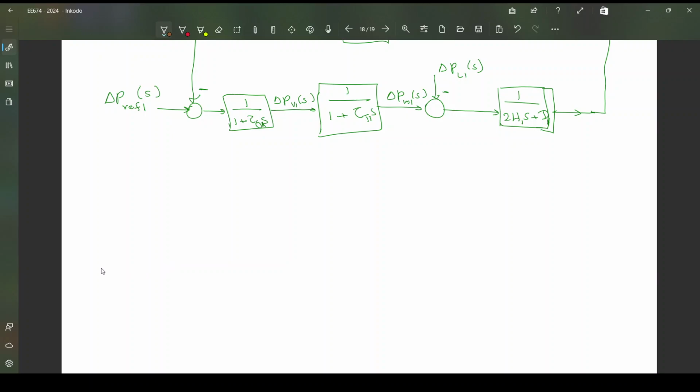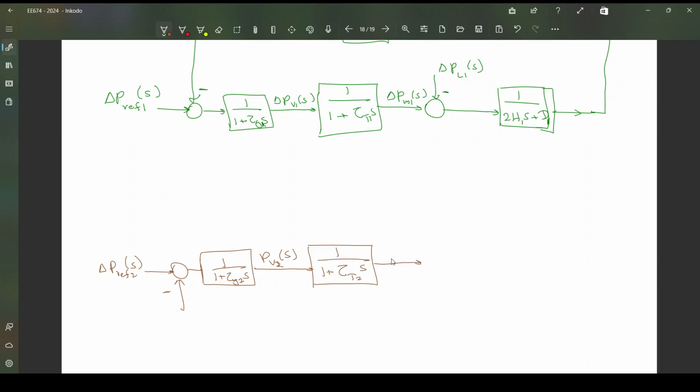So I have delta Pref2s, and here comes the minus 1 over R2 thing, and here 1 over 1 plus tau G2s, so this will be PV2s, and here you have 1 over 1 plus tau T2s, which gives delta PM2s, and here the load change delta PL2s, and 1 over 2H2s plus D2.